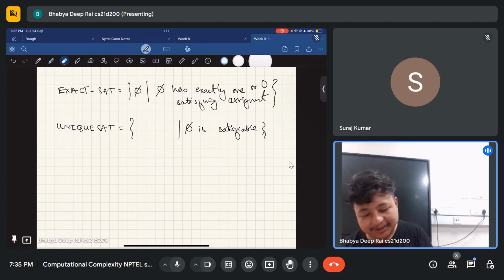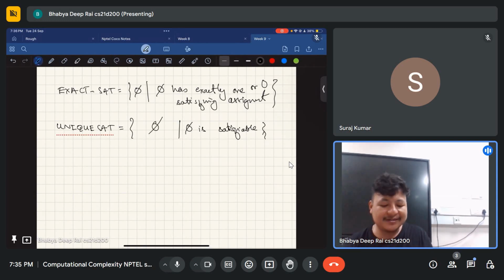So this is unique SAT, except the domain of phi is not any other formula.